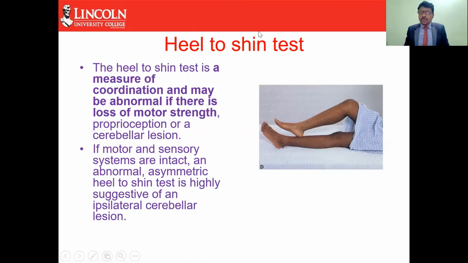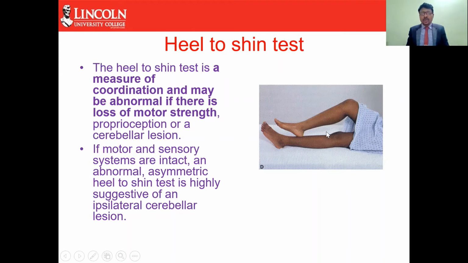Another test to know coordination is the heel-to-shin test. If you ask the patient to drag the right heel over the left shin, that is, over the tibia of the leg, dragging from the ankle over the shin, those with normal coordination can drag it easily along the tibia.